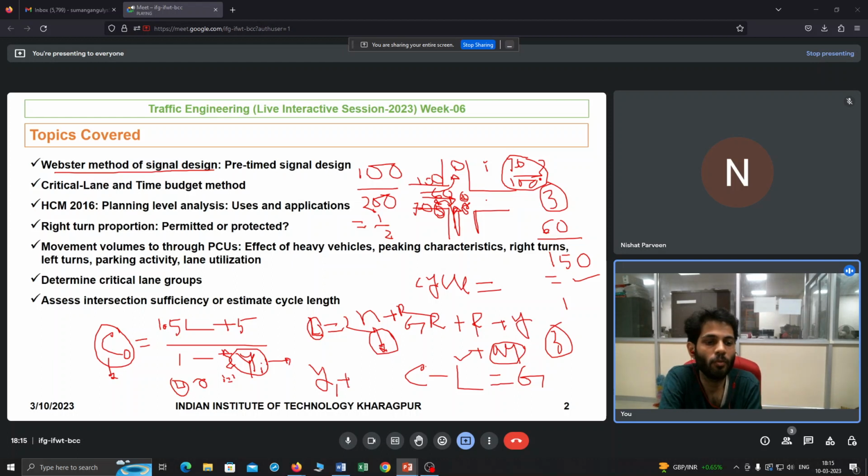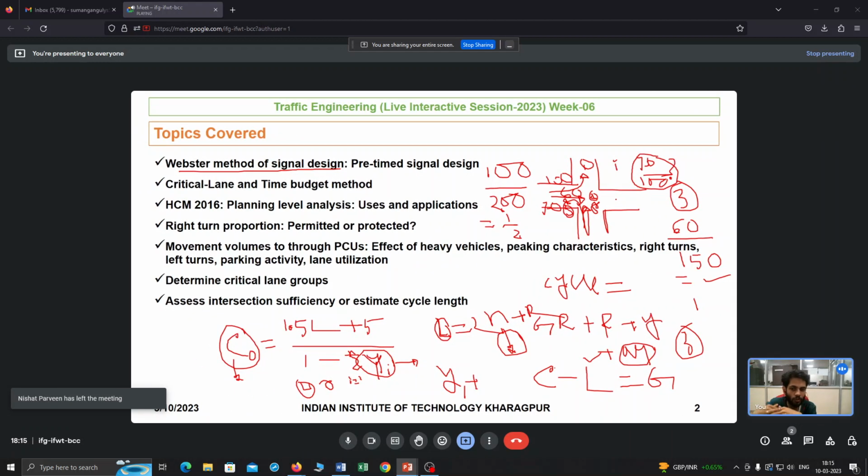Because volume alone may not be sufficient; v by c represents your ability to pass along that intersection. So for each movement we calculate the v by c ratio, and based on the highest value we need to design our signal.